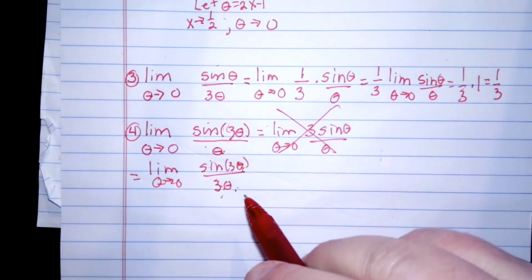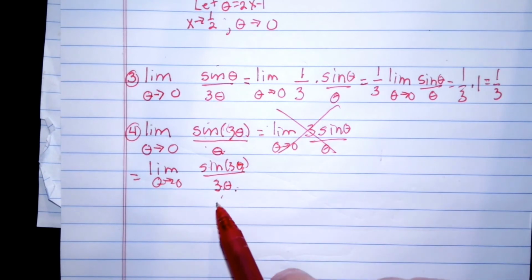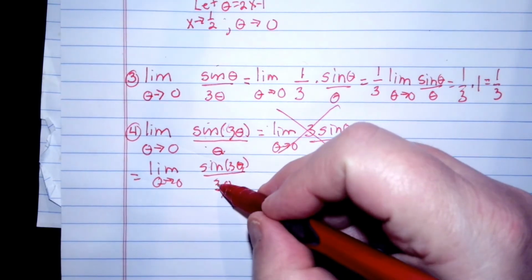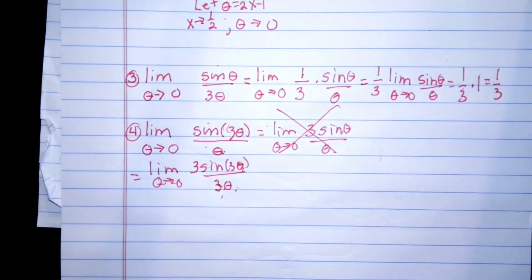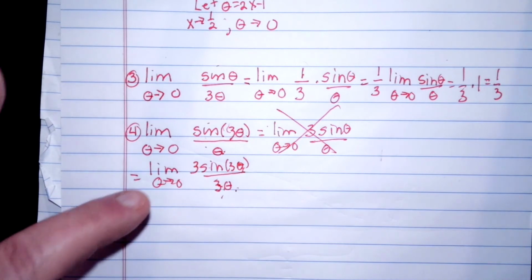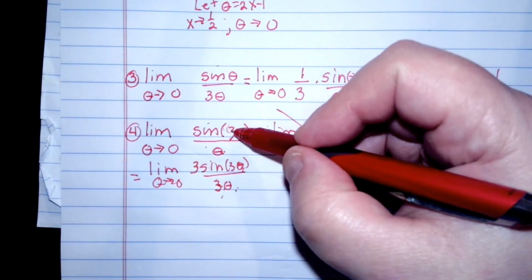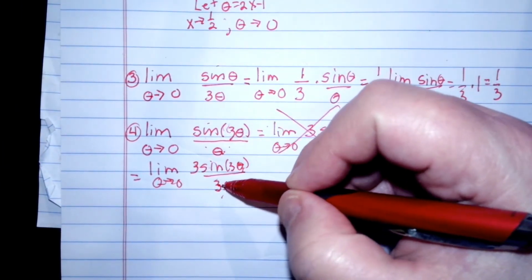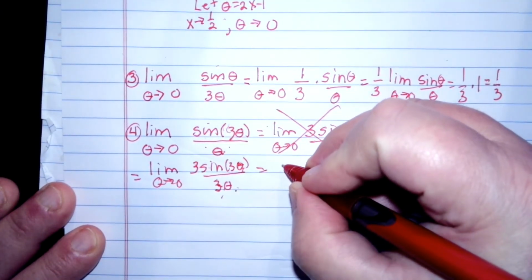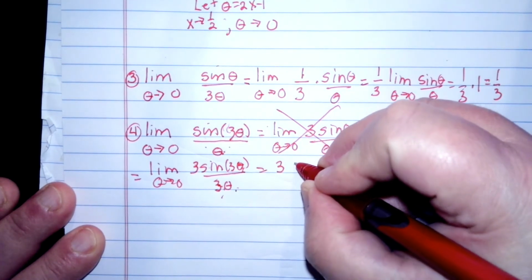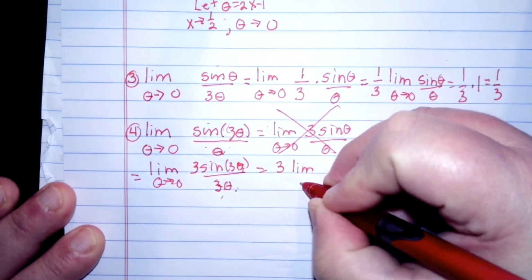But we have changed the problem. We've introduced a 3 into the denominator. So we need to compensate for this 3 in the denominator that we just added. We can do that by putting a 3 in the numerator. In effect, what we've really done is just multiplied the original expression by 3 over 3, which is 1. Alright, now, this 3 we don't really need on the inside, so I'm going to move it to the outside.